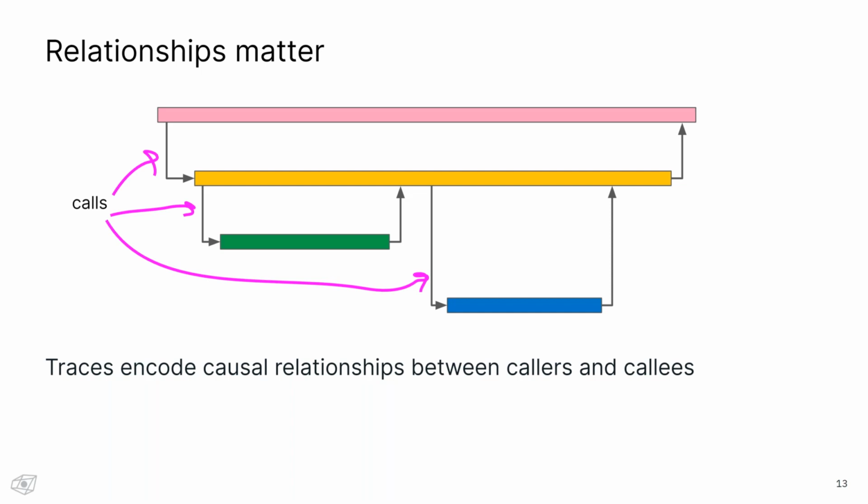And the length of each of these bars is how long something is taking. When I come back in, you can see, between yellow and green here, yellow is calling the green service, and then green is returning some response to the yellow service. And then the yellow service is calling the green service and the blue service to return a result to the pink service.